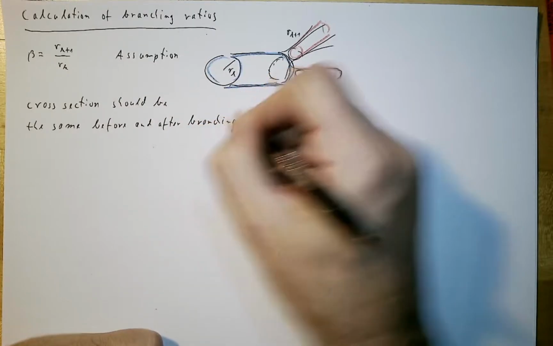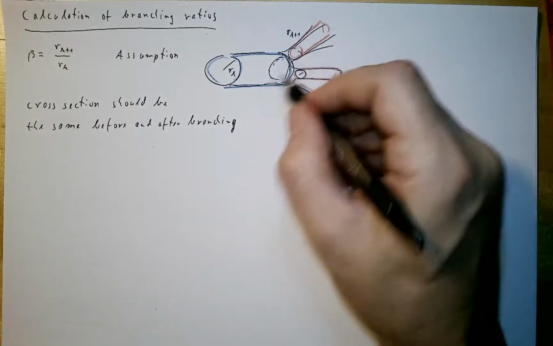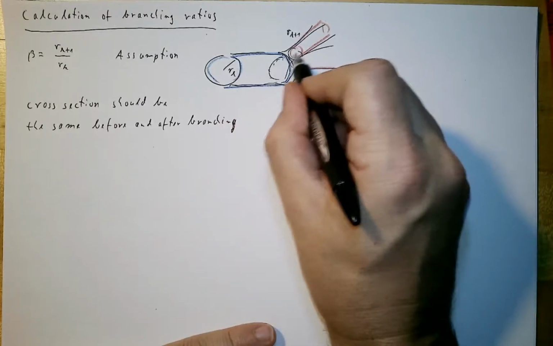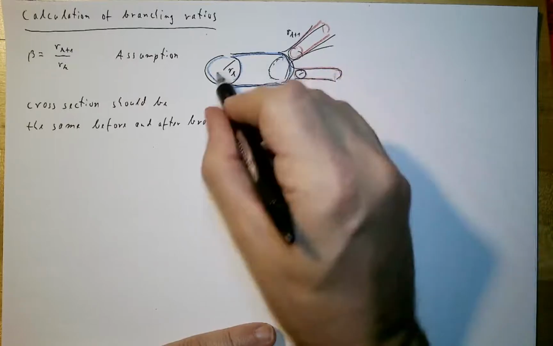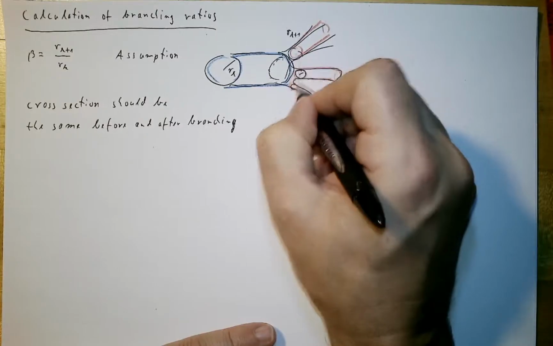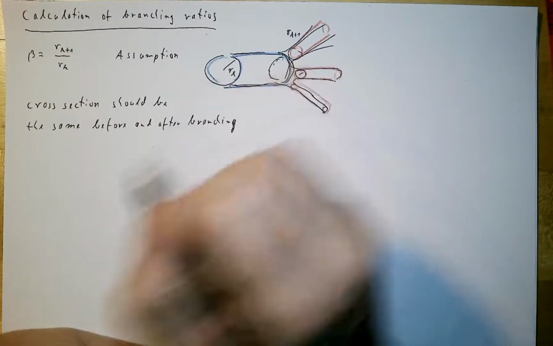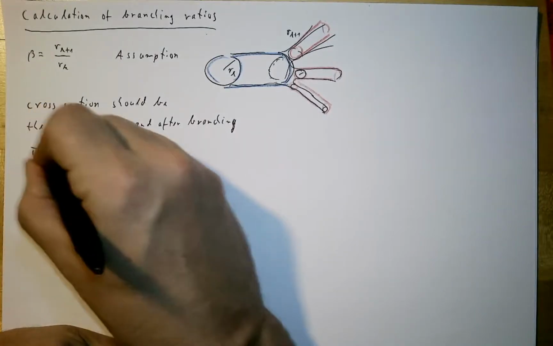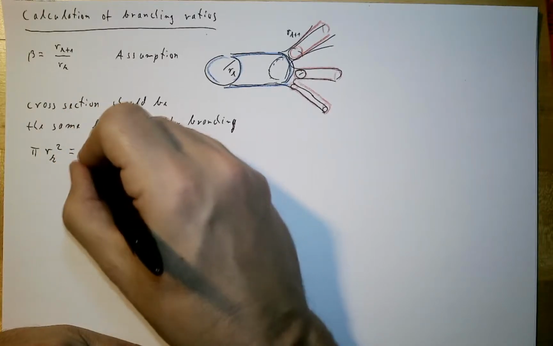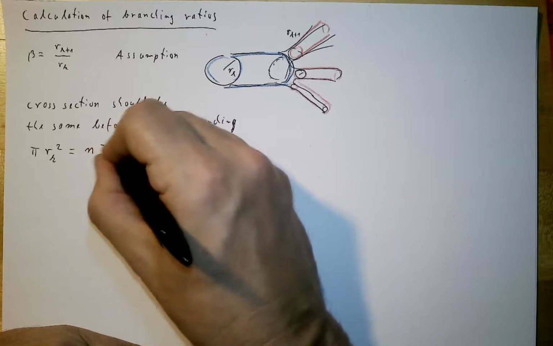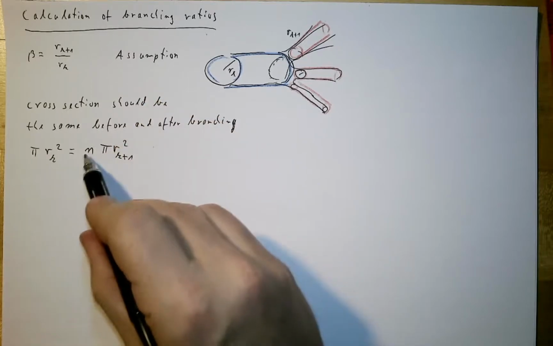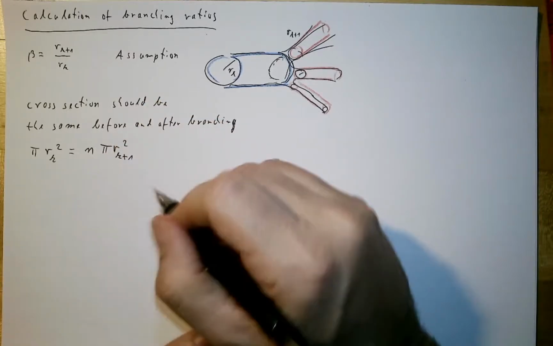And when you look in the anatomy, that's really a good assumption. When you look at smaller vessels at such a branching, the smaller vessels have a smaller radius, but this radius is related to the radius of the larger vessel in such a way that the areas, the red areas and the blue area, are the same. So this means the cross section, the area pi r_k squared, should be n times the area at the next higher level, because we have n of such areas and every area has a smaller radius.